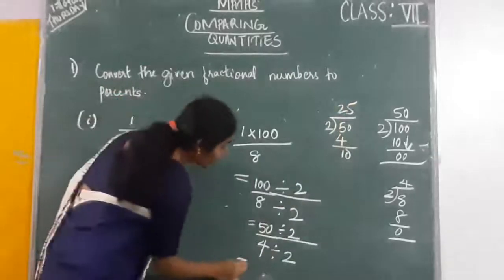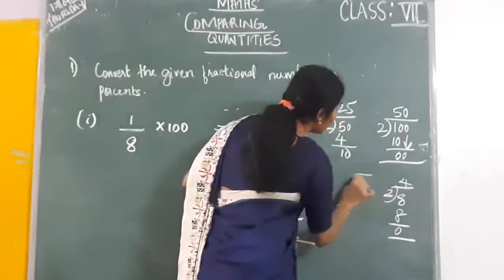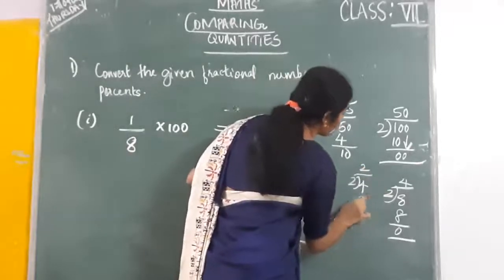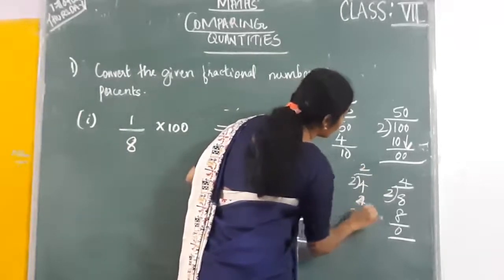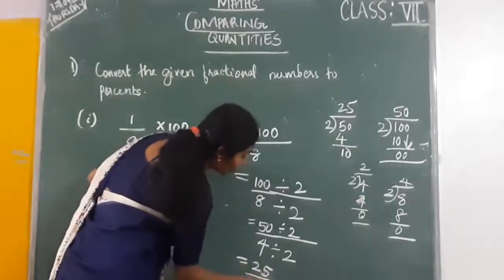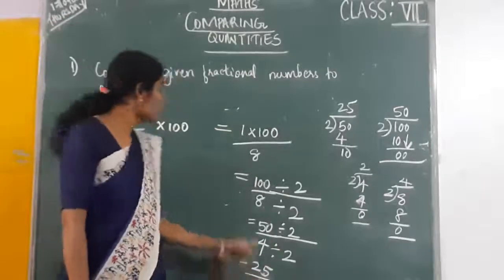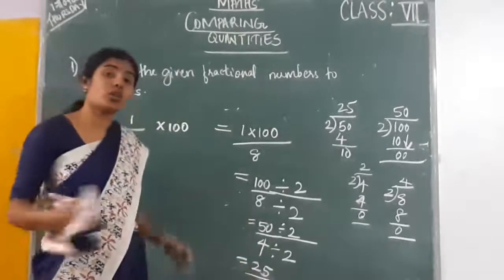Write the numerator 25. 4 divided by 2 you will get 2 in the quotient. 25 by 4. Now you are getting the fraction 25 by 4.